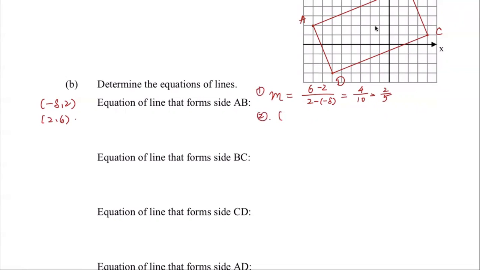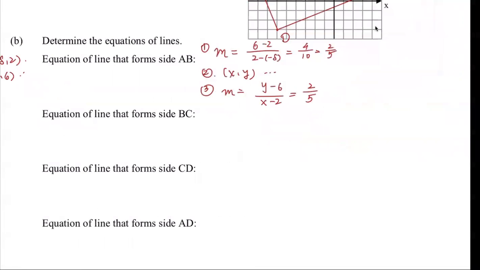Second step, let x, y represent all the points. Third step, m is equal to, we pick any of these 2 points, y minus 6 over x minus 2. This is equal to 2 over 5, right? And this gives us y minus 6 is equal to 2 over 5 times (x minus 2).